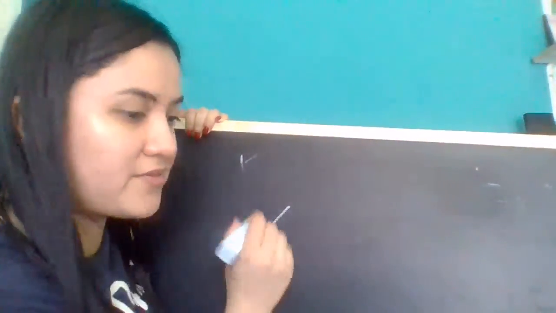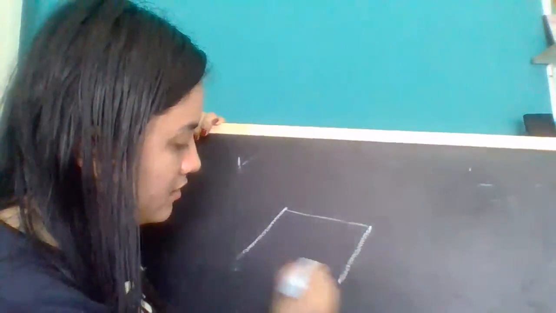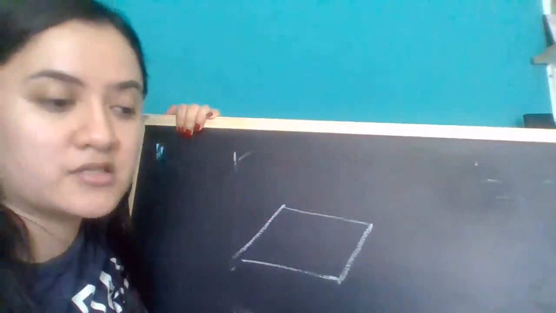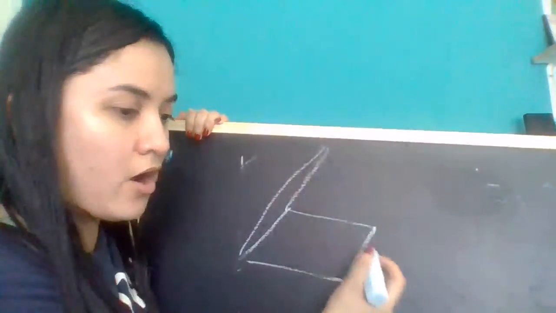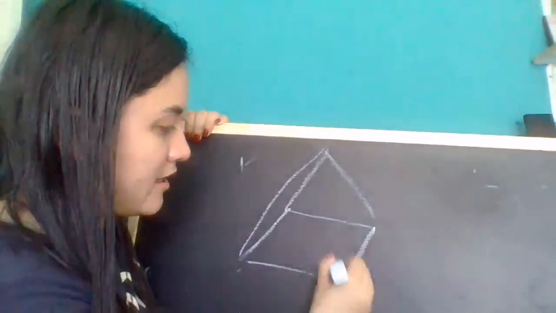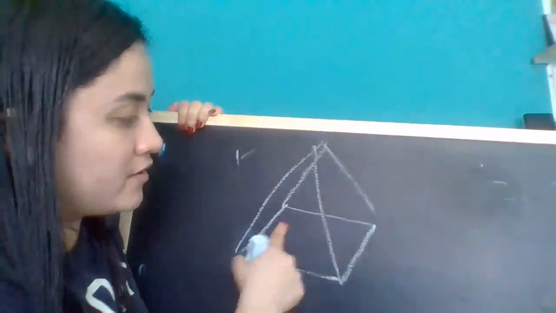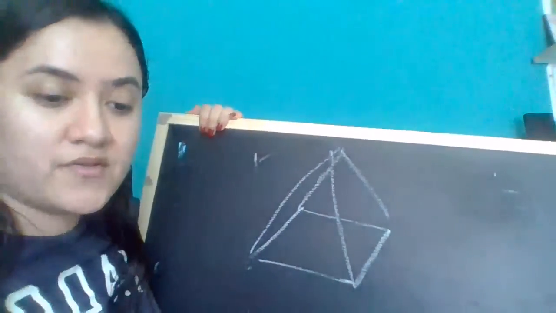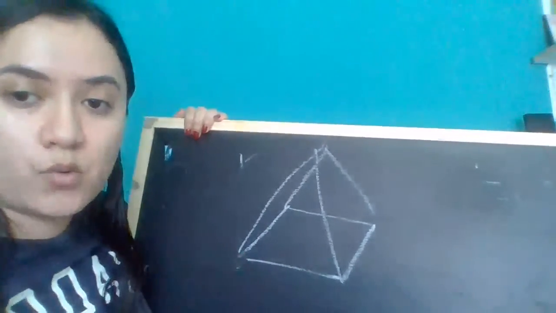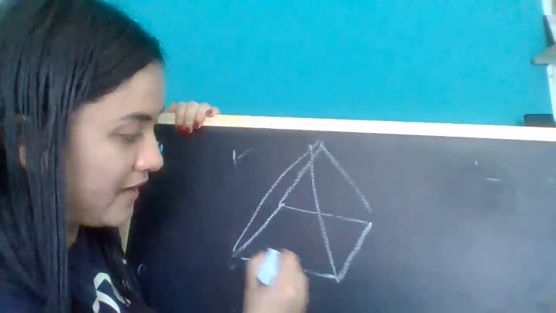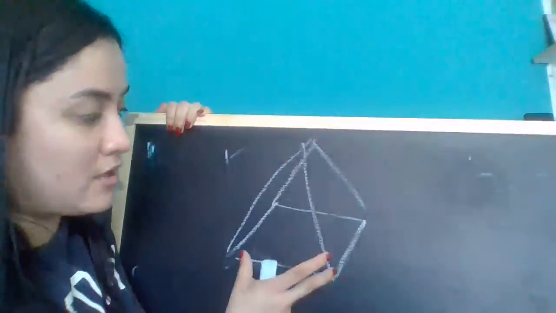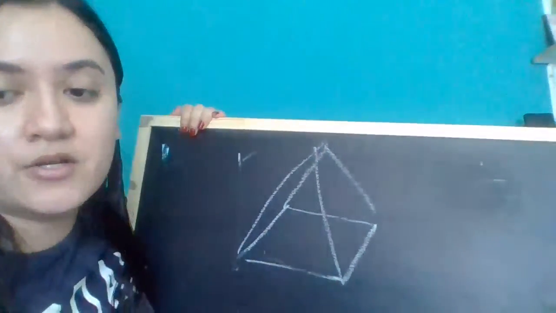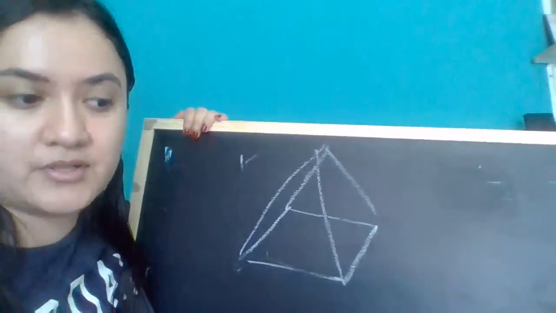If you see, the base of that pyramid is a what? A square. But all of the faces are connected as triangles. So that's why it is a square pyramid, because the base is a square and it's a pyramid because they're connected by triangles. Do you get it?